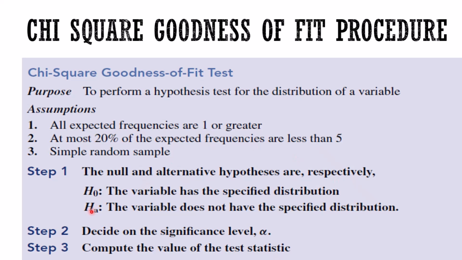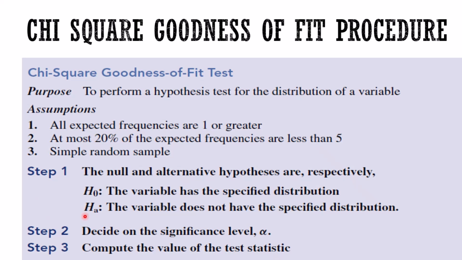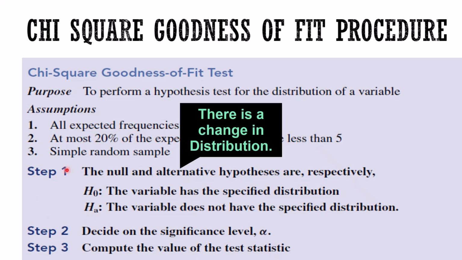So the null hypothesis is going to state that there has been no change in the distribution of today's data from that of the past. All right, it matches with the distribution from the past. An alternate hypothesis will say that the distribution from the recent study has changed from what it was in the past.